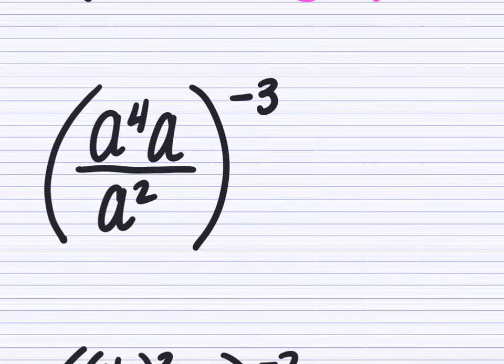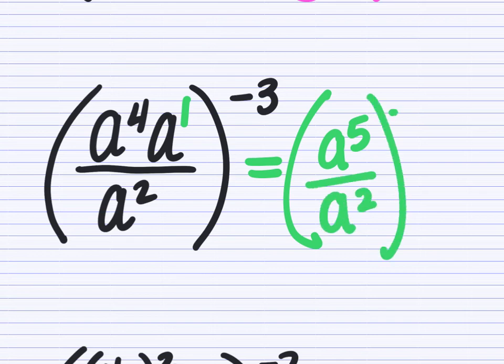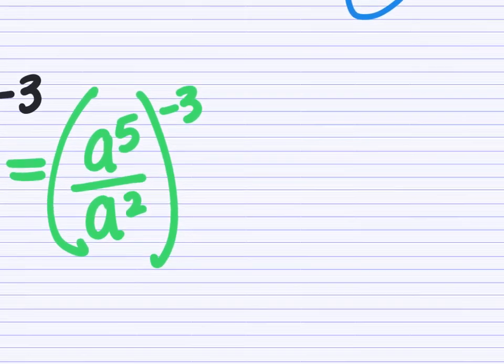For this one, I think it's easier to work inside the parentheses first and then apply the power to a power. So let's work inside first. So I have a to the 4th times a to the 1st, giving me a to the 5th up top, over a to the 2nd, all raised to the 3rd power.